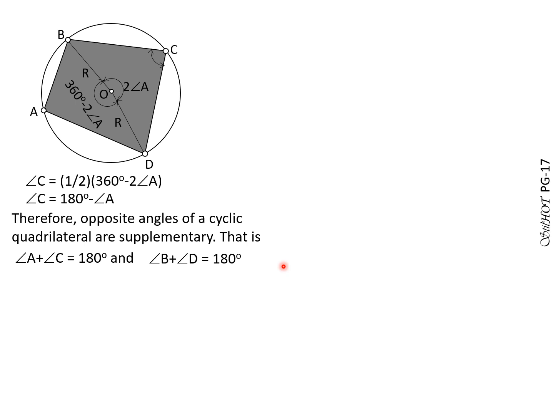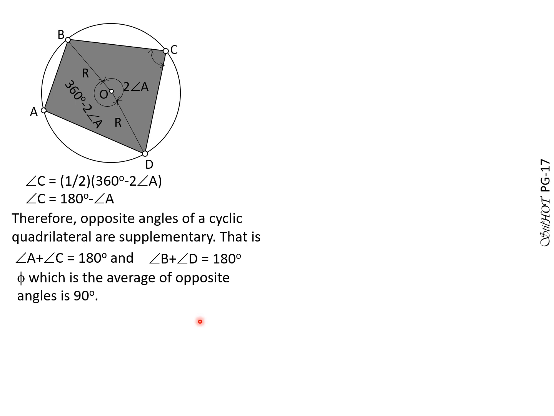Remember that we denoted the average of opposite angles in a general quadrilateral as P. For a cyclic quadrilateral, that P is equal to 90 degrees, because opposite angles of a cyclic quadrilateral are supplementary.